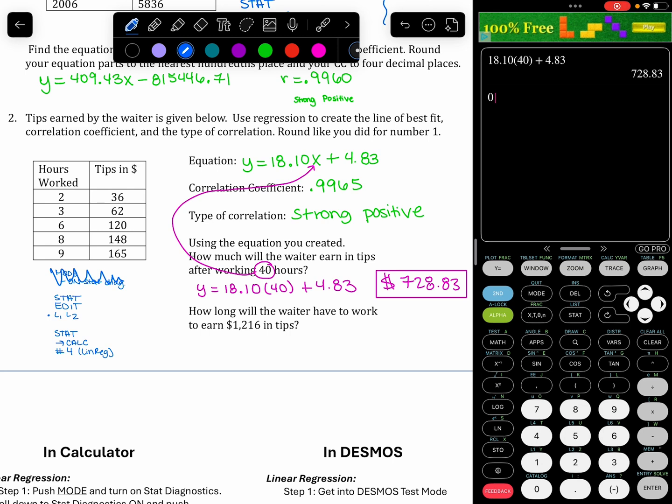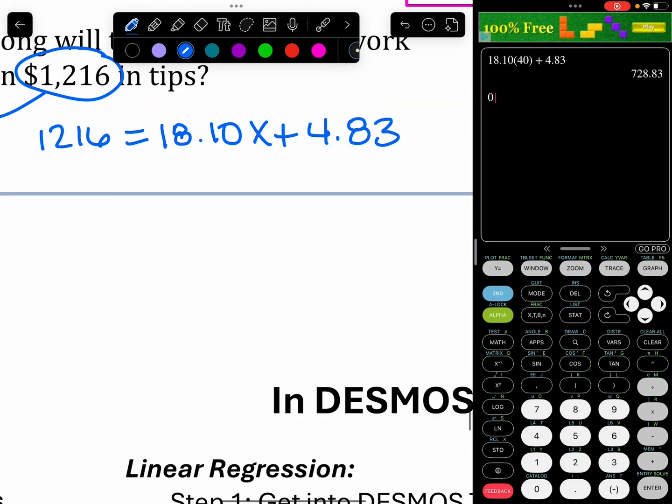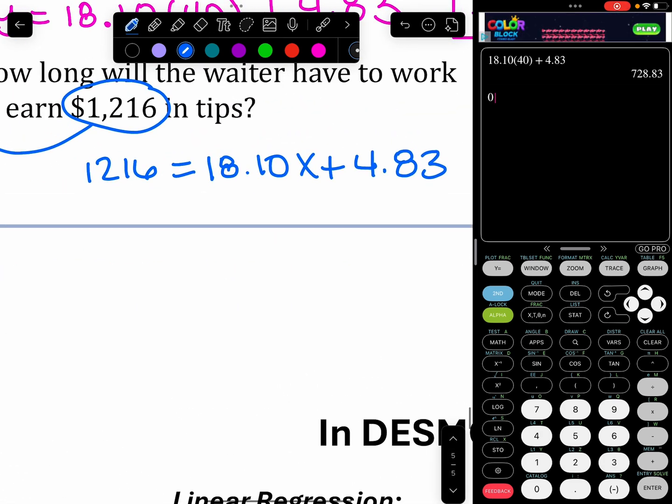Now the second part asks, how long will the waiter have to work to earn $1,216 in tips? Tips is my y. So I'm going to plug that into the same equation for y here. So we have 1216 equals 18.10x plus 4.83. Now I just have a normal equation that I have to solve. I'm going to start by subtracting 4.83 on both sides.